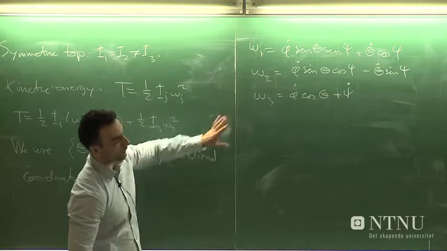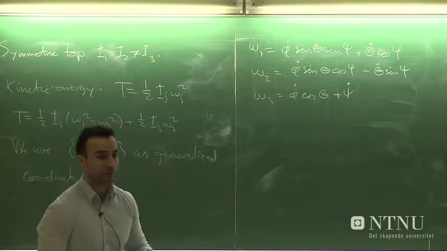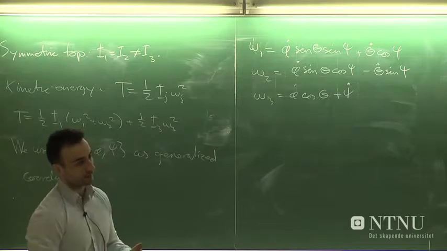So these are the components of the angular velocity vector as seen in the rotating system, expressed through the Euler angles.